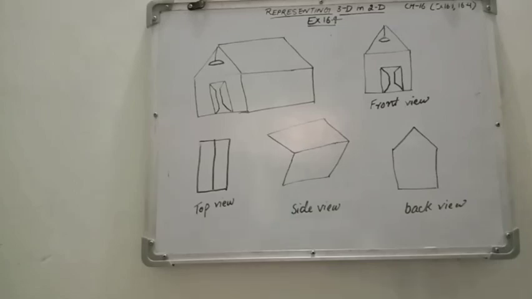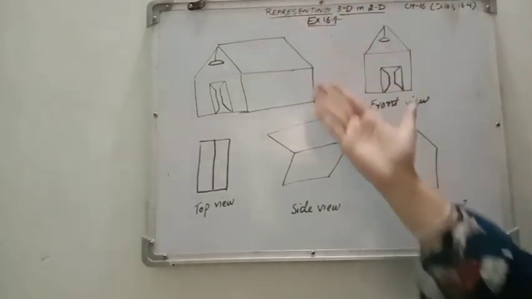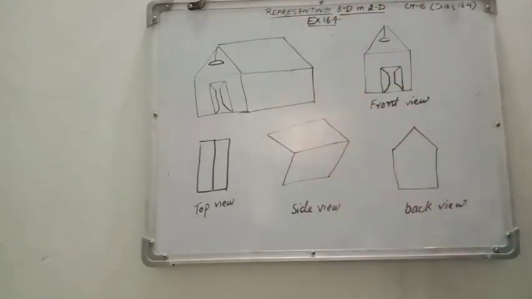Exercise 16.4. In this exercise, we will learn to view a building from different sides. Okay, see one type of building picture is given to you. In this figure, objects give different views when they are viewed from different angles.